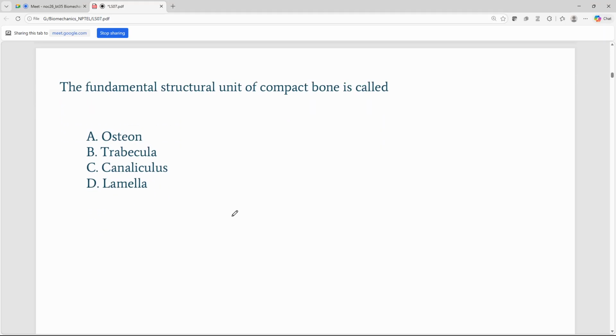Next question. The fundamental structural unit of a compact bone is called what? Options are option A, osteon, option B, trabecula, option C, canaliculus, option D, lamellae. The fundamental structural unit of a compact bone.